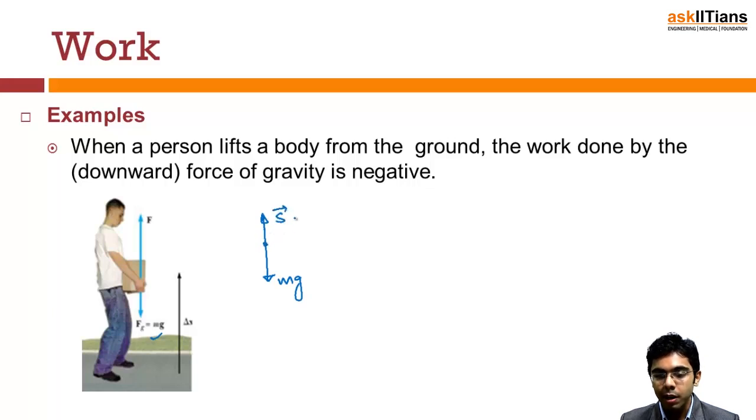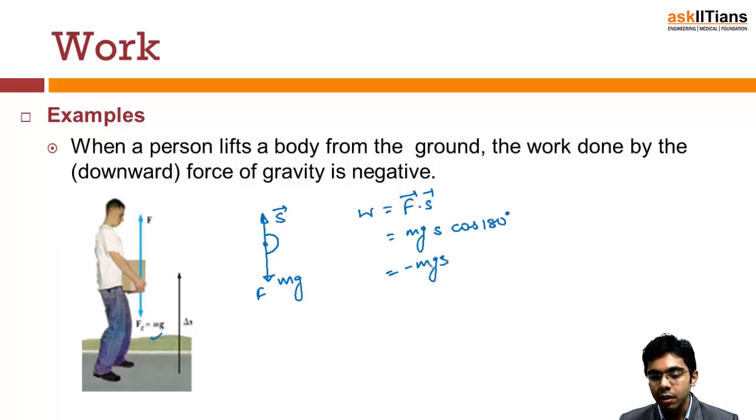This is the displacement. Now what we can say is that the force is acting in the downward direction and the displacement is along the upward direction. Again they are making an angle of 180 degrees. So we can say that work done is F dot S, equals F S cos 180 degrees, where F is equal to mg and the displacement is, let's say, S. So this comes out to be minus mgS.